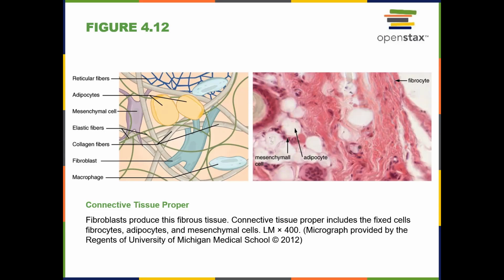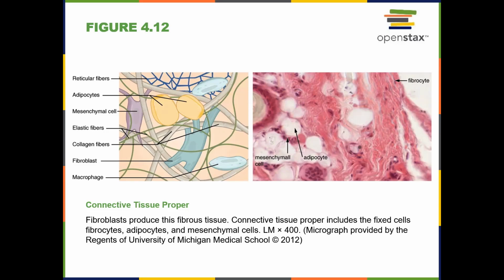The cells are dispersed in a non-living matrix that includes an extracellular matrix of fibers and a liquid ground substance with the consistency of maple syrup.